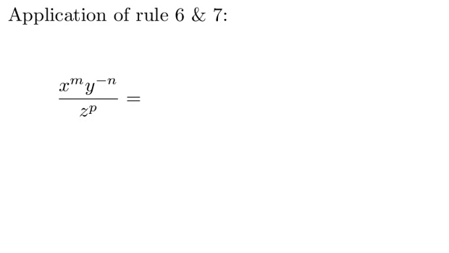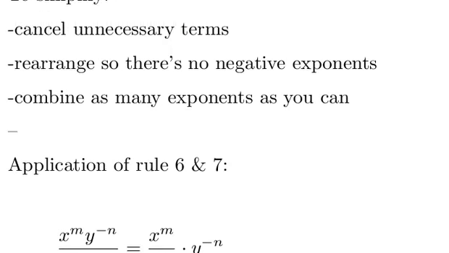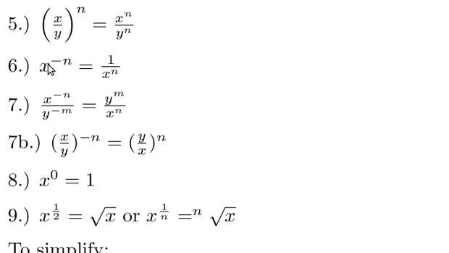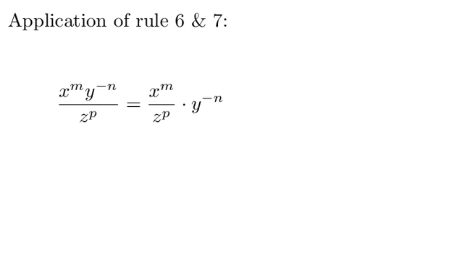So we have x to the power of m over z to the power of p for our first fraction, times y to the power of negative n, as a separate entity. Remember, from Rule 6, y to the power of negative n will be 1 over y to the n.